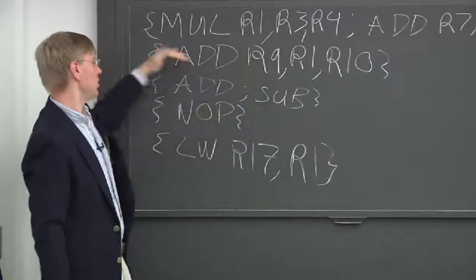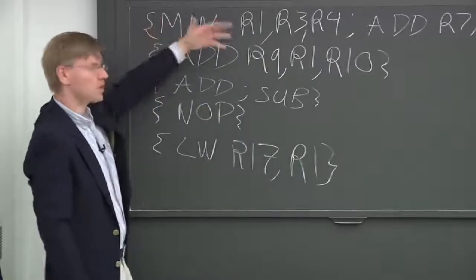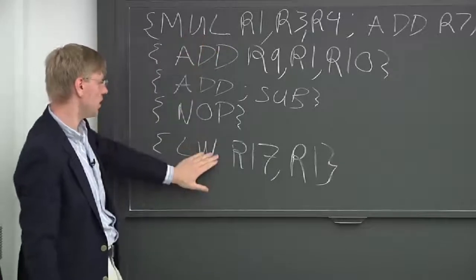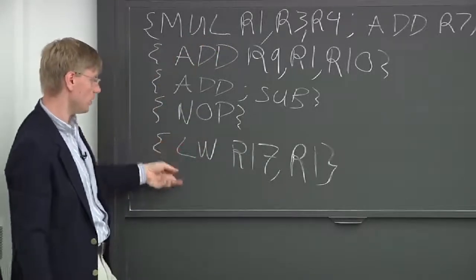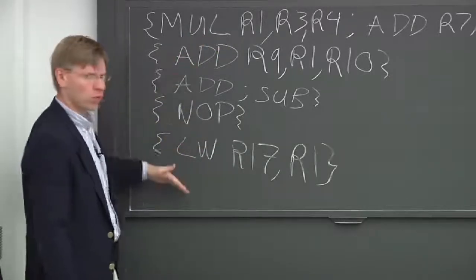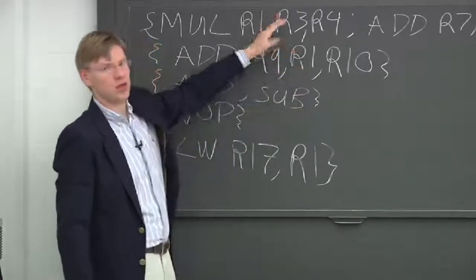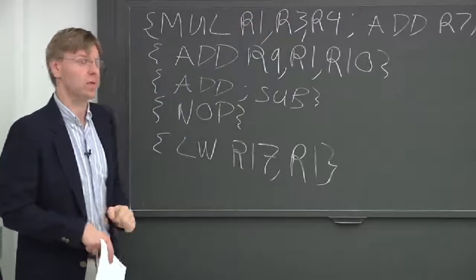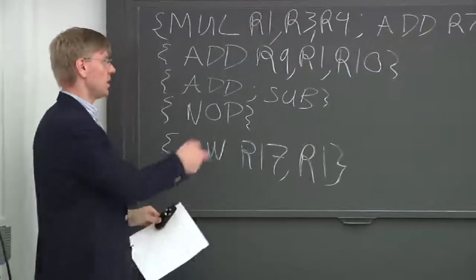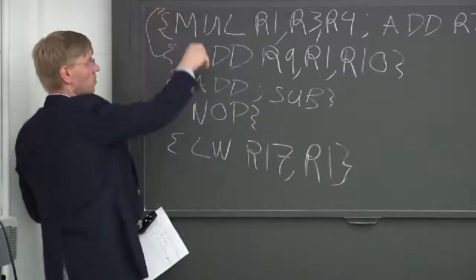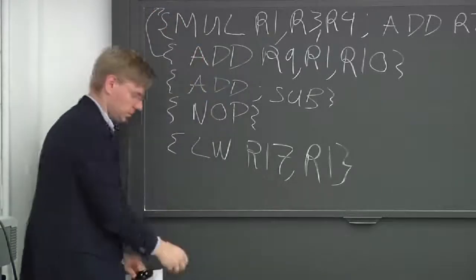Because if you were to, for instance, take an interrupt or something like that, and this add were to get moved later than this load, or move more than 3 cycles later, you would actually pick up the new value, and you'd basically change the semantics of your program. So if you were to do this in something like an LEQ model, this add would have to be above the multiply, and you'd have to replace this with a no-op.